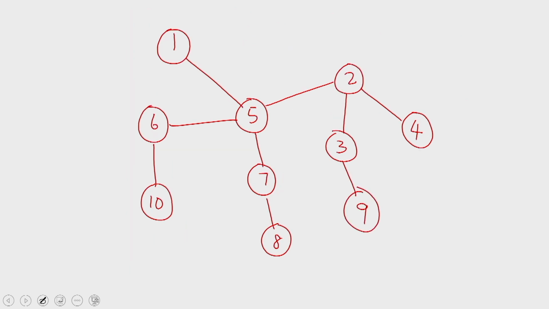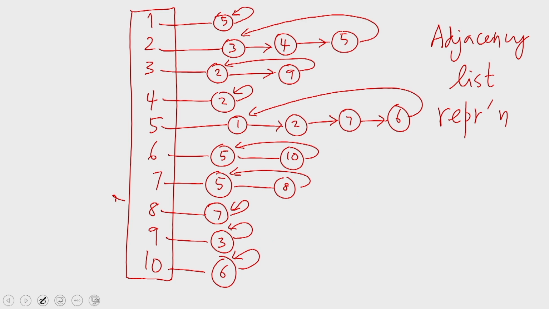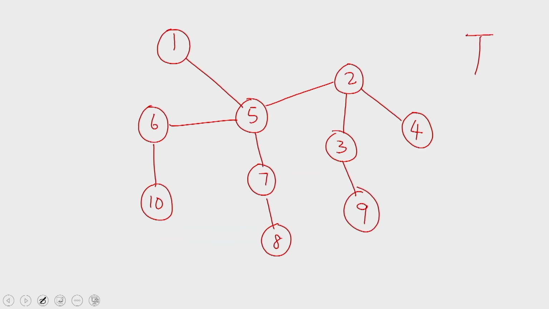We saw this in the previous screen. So, this is the tree T, of which we have the adjacency list representation. We can see that this adjacency list representation is of the tree in which every edge has been replaced with 2 directed edges. For example, consider the edge between 2 and 3 in this picture.